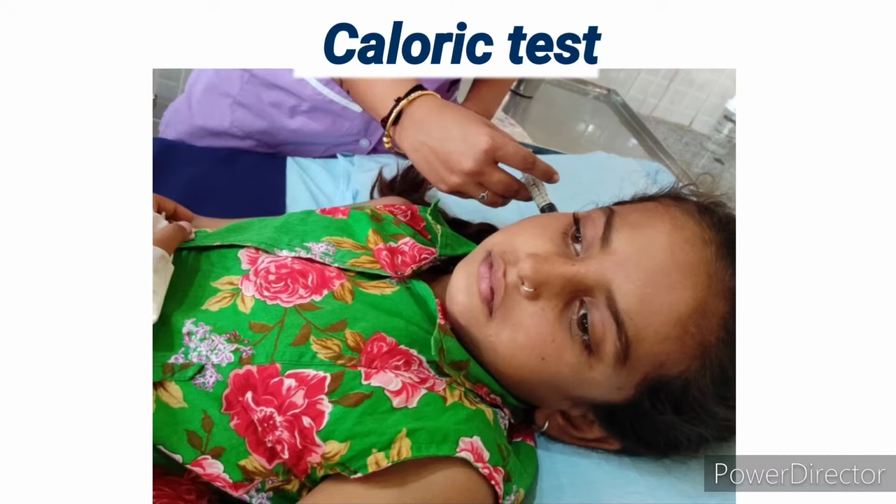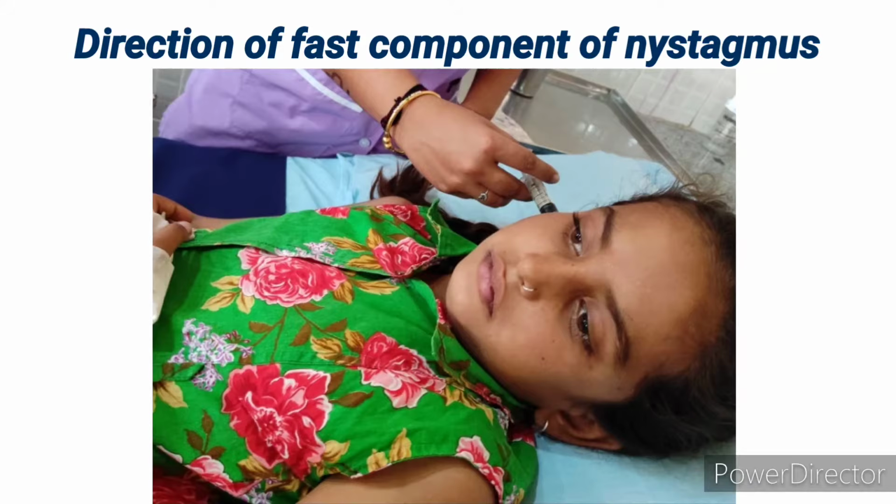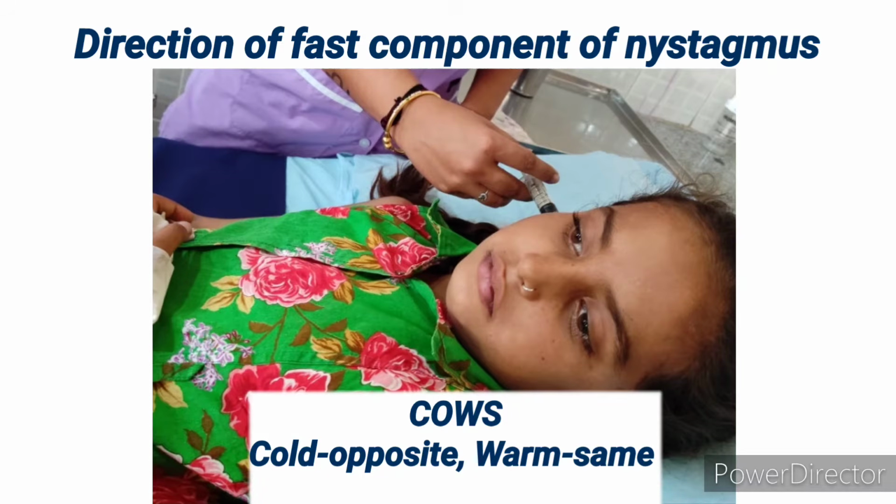If the child has normal brain stem function, then the eyes will deviate toward the irrigation side, and the child will also have nystagmus, and the fast component of the nystagmus will be to the opposite side with the cold water. Similarly we perform with the warm water of 44 degree centigrade, and the child will have the fast component of the nystagmus toward the same side.